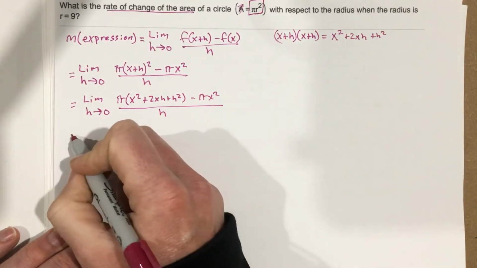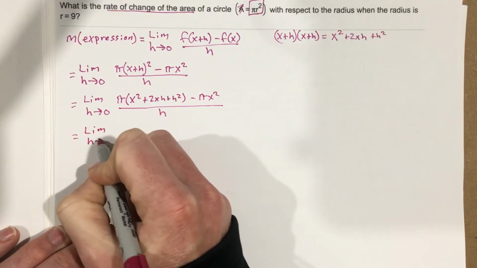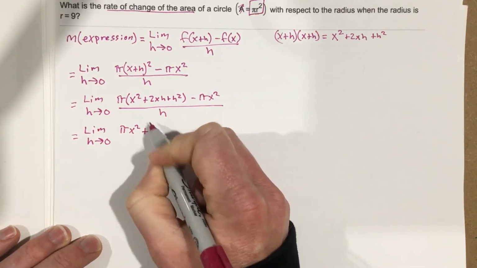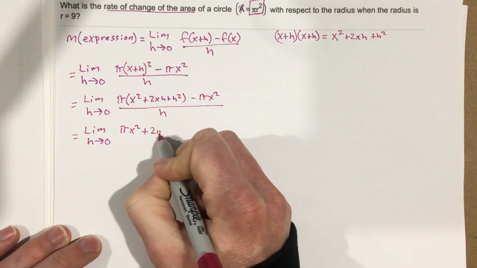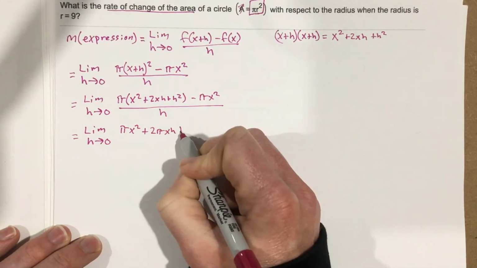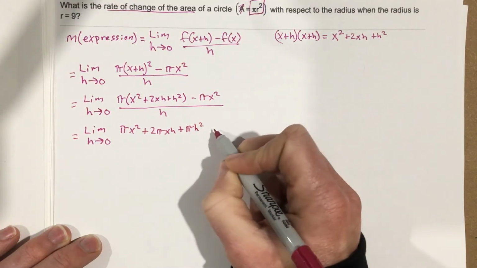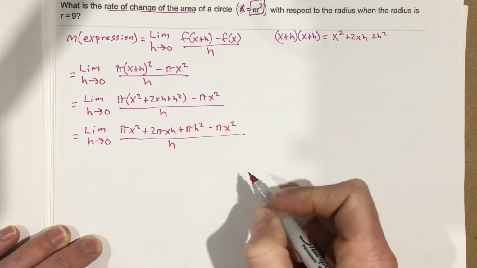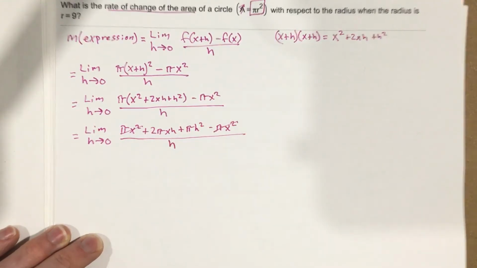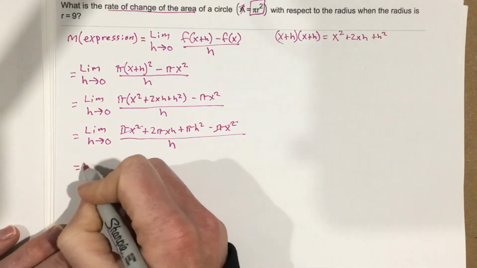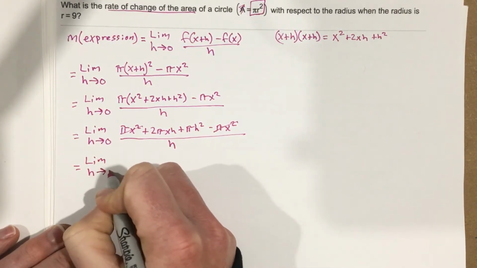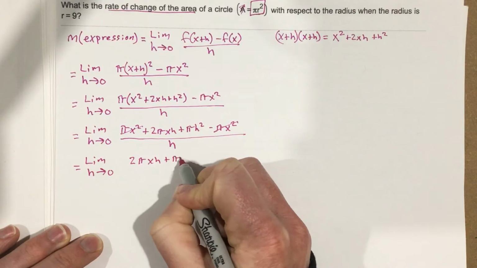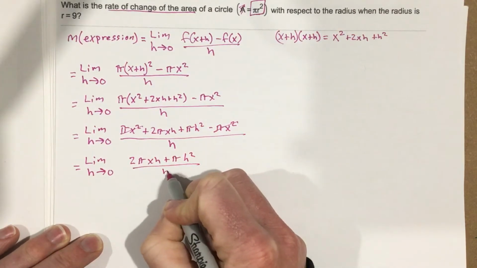We're going to distribute the pi, so we end up with limit as h approaches 0 pi x squared plus, we're going to get pi times 2, so it's really 2 pi xh plus pi h squared minus pi x squared all over h. The pi x squared and the negative pi x squared cancel, and we're left with limit as h approaches 0 of 2 pi xh plus pi h squared all over h.